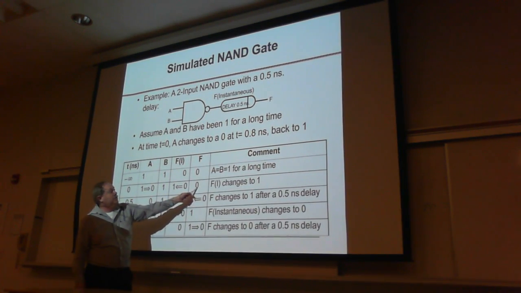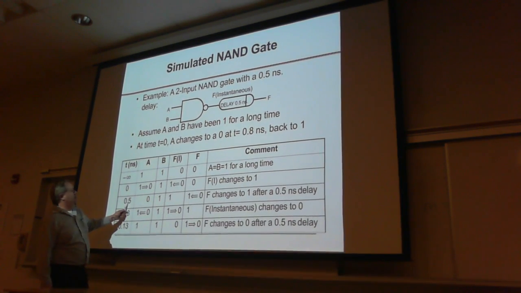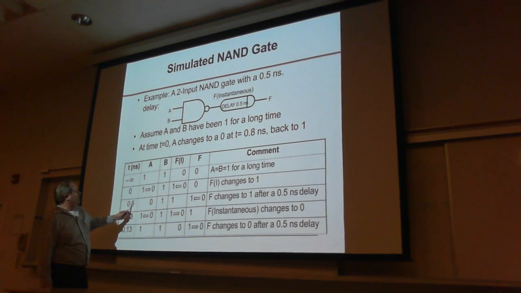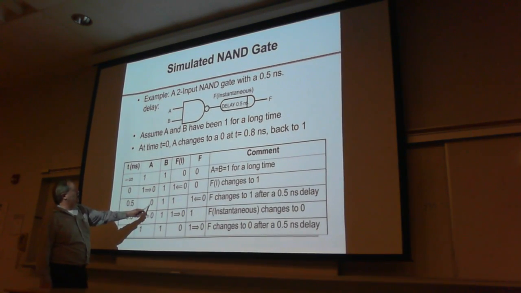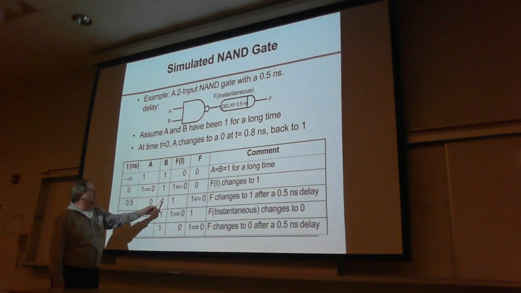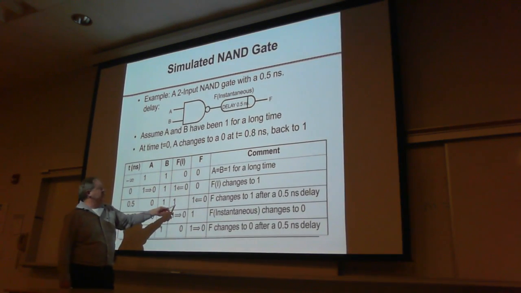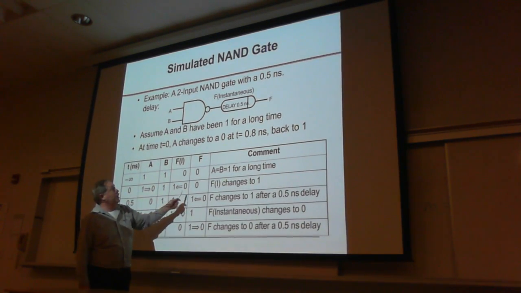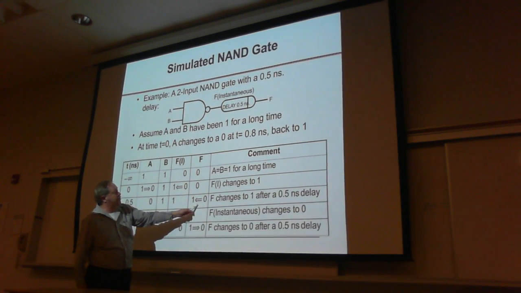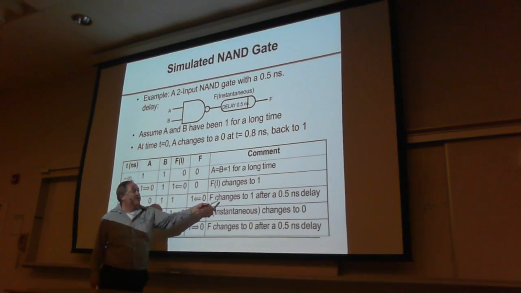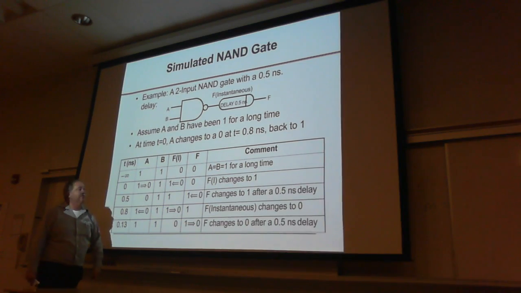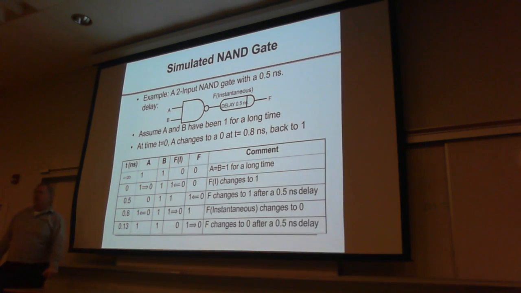but to propagate through takes 0.5 nanoseconds, okay? It changes to 0 because at 0.5 nanoseconds, A is now sitting at 0, B is sitting at 1, F instantaneous is now 1, but what happened here? 0 is going to go to 1 because F is going to change to 1 after a 0.5 nanosecond delay. What in the world is that?